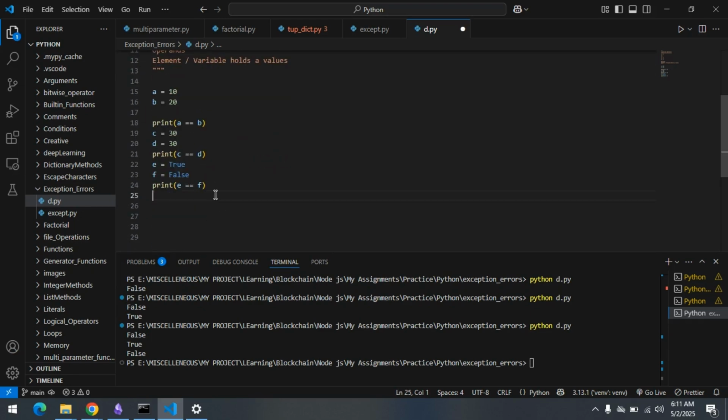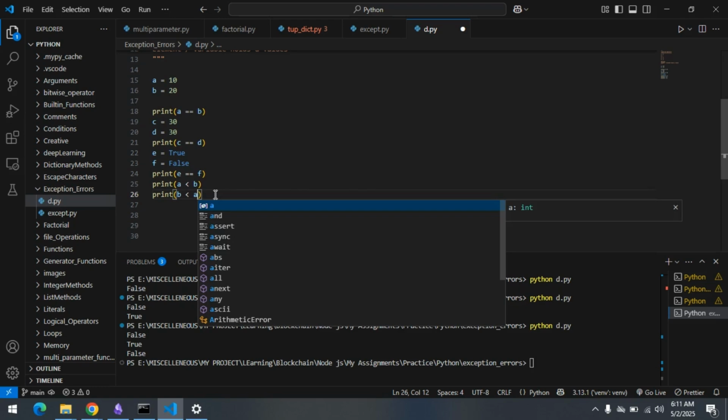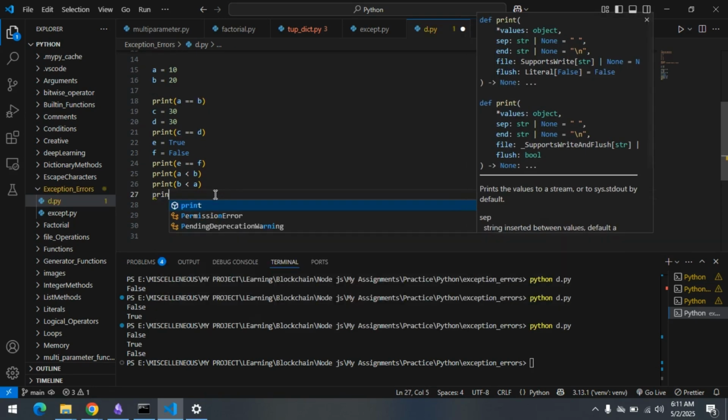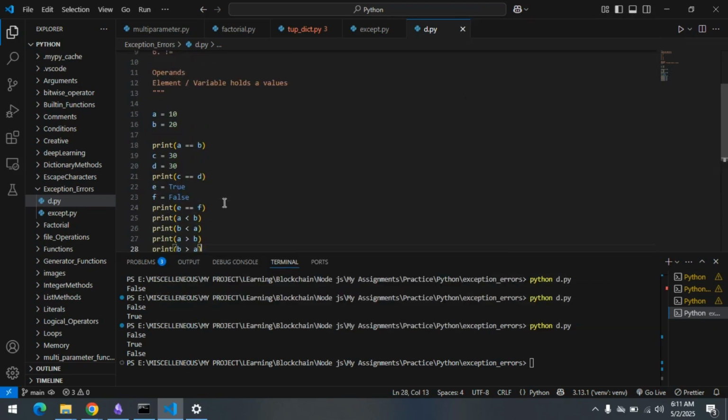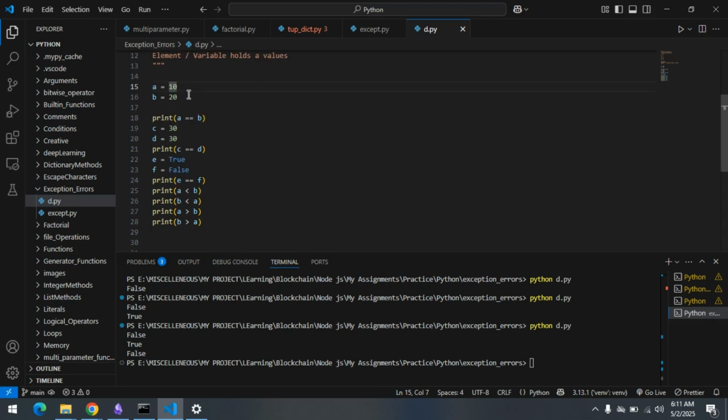Less than sign. So we'll use the same variables. A is less than B, and then we print the opposite, B is less than A. And then let's also check the greater than sign, A is greater than B, and B is greater than A. Now we know one of them is 10 and the other one is 20, so it's quite obvious which one is greater and which one is less than.